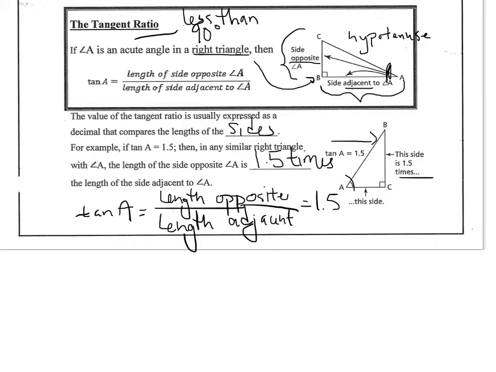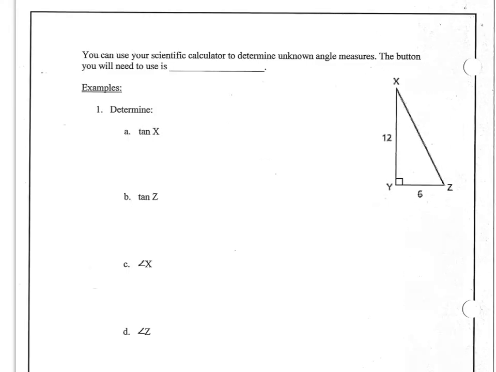Actually, this is the hypotenuse. I've made a mistake here. Let's erase that. Our adjacent side in this case is the one that is not the hypotenuse. So our opposite side is 1.5 times the length of the adjacent side. That's what this tangent of A tells us.